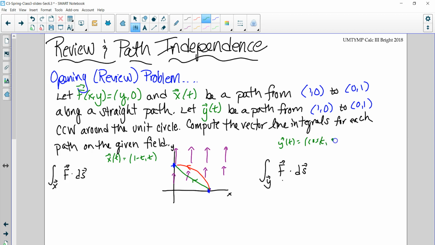Okay, and certainly I need to mention the restriction. So t is in [0, 1), and then here t is going to be within 0 to pi over 2.